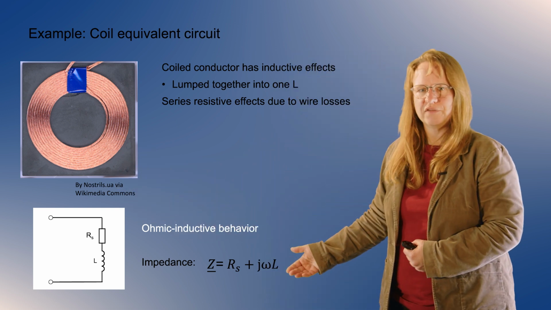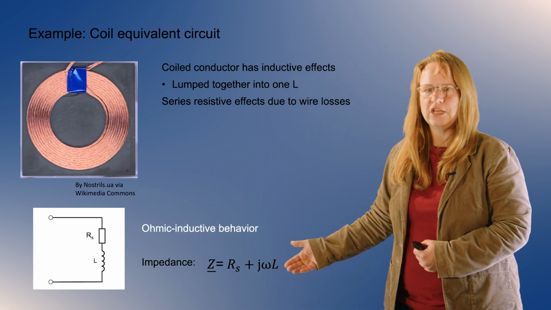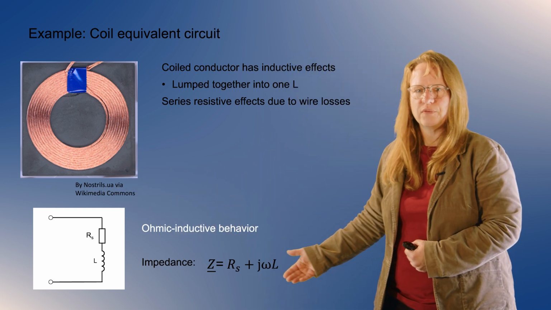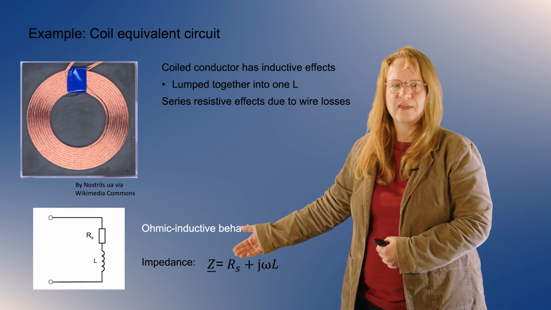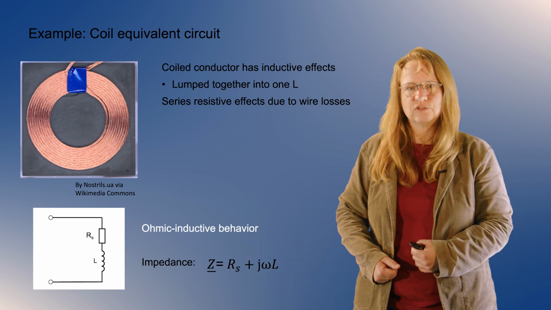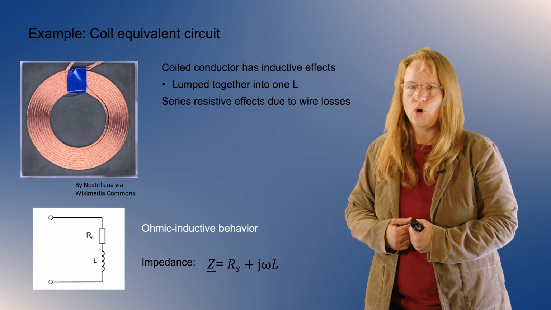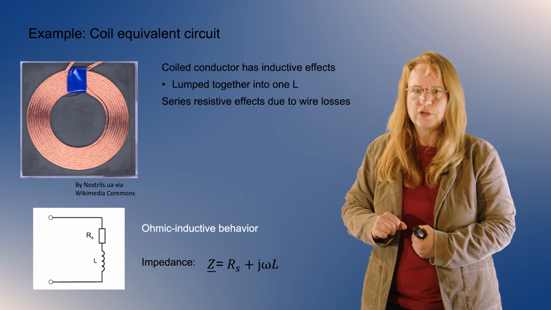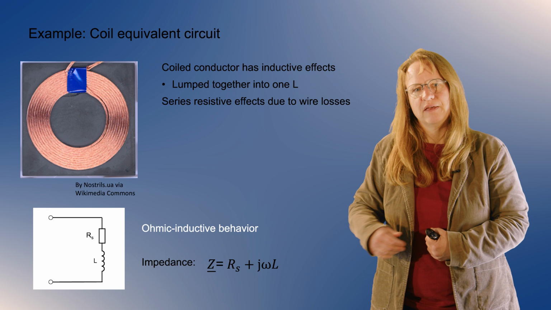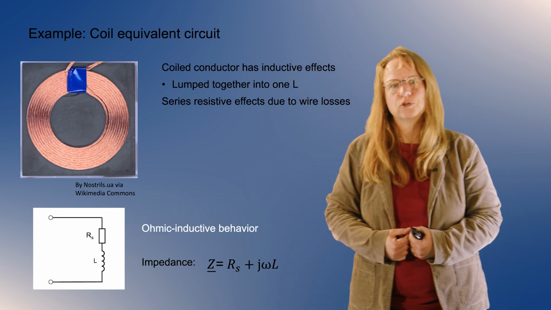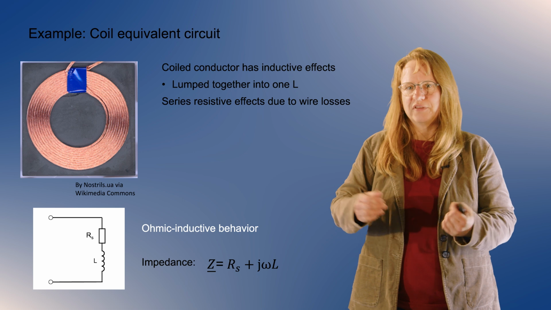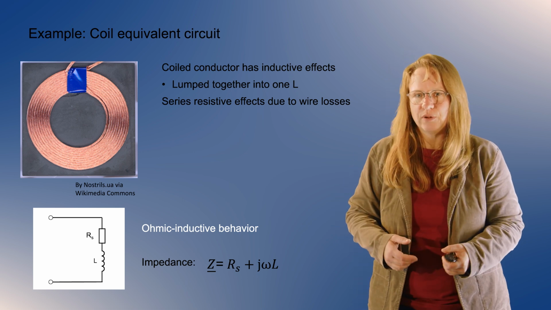That is also given in the impedance equation down here. For omega equals 0, this part goes to 0, and then we only have the series resistance of the wire. So this model also includes the very low frequency case where we only have the wire resistance to consider.